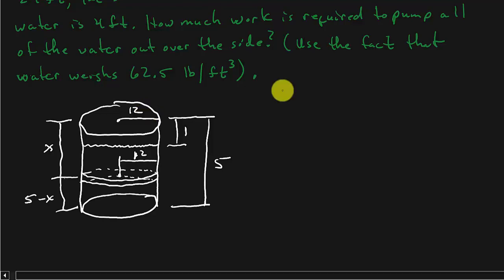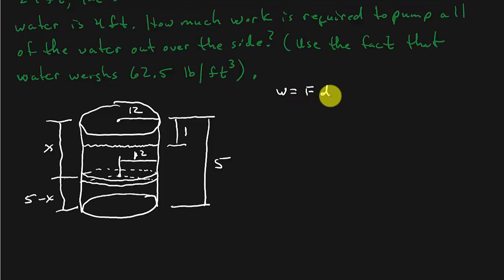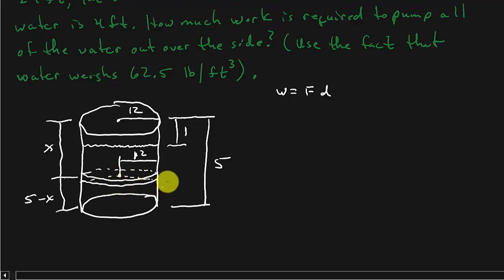All right, so remember, work is force times distance. So we need to come up with force. Now remember, in the U.S. customary system, the force is in pounds. So how much does this little slice weigh? Well, what's the height of that slice?